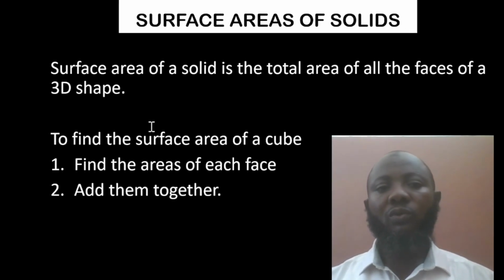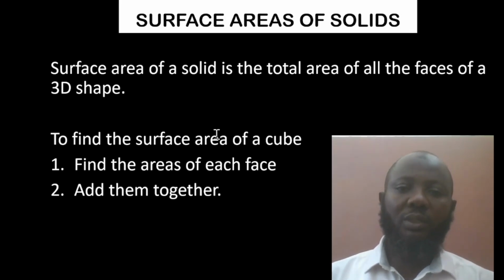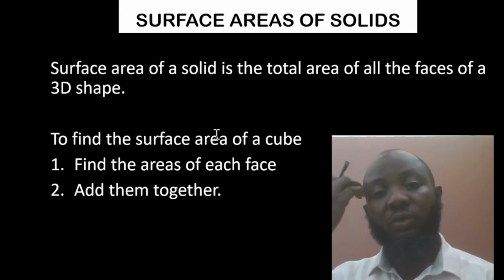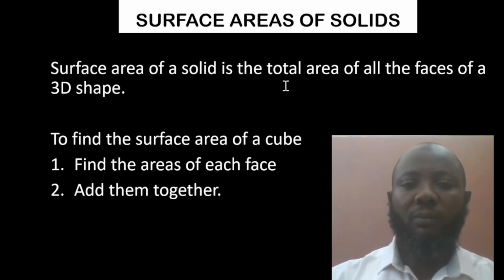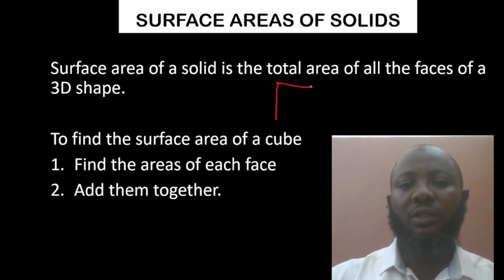The first one we're going to look at is when we talk about surface areas of solids. What does that mean? The surface area of a solid is the total area of all the faces. Let's take a look at a cube.